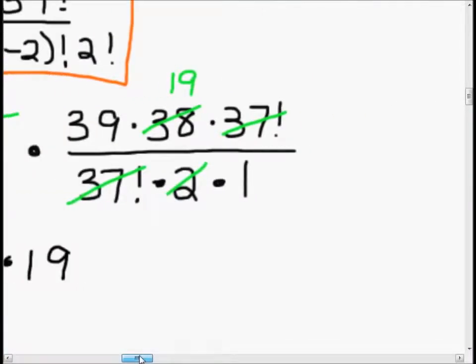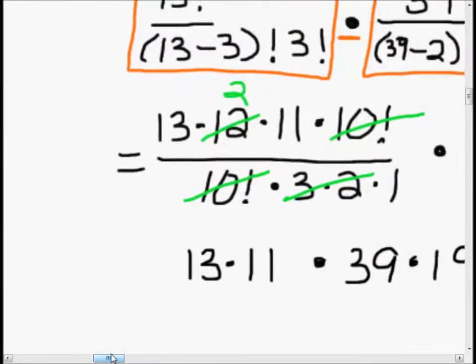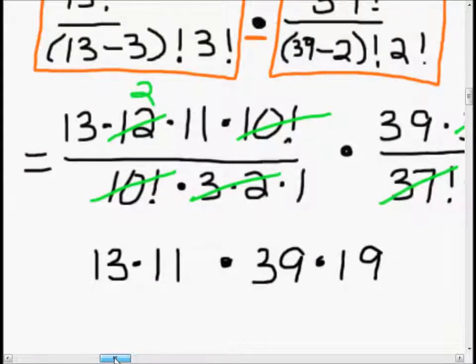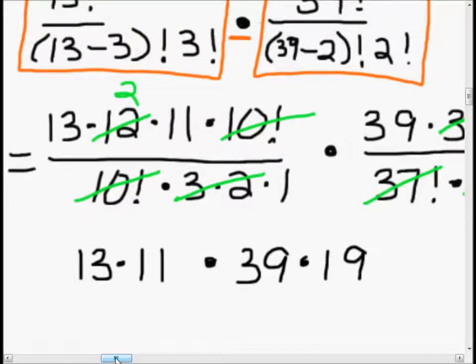And so once I do this bit, I get 286. That seems a bit off, doesn't it?